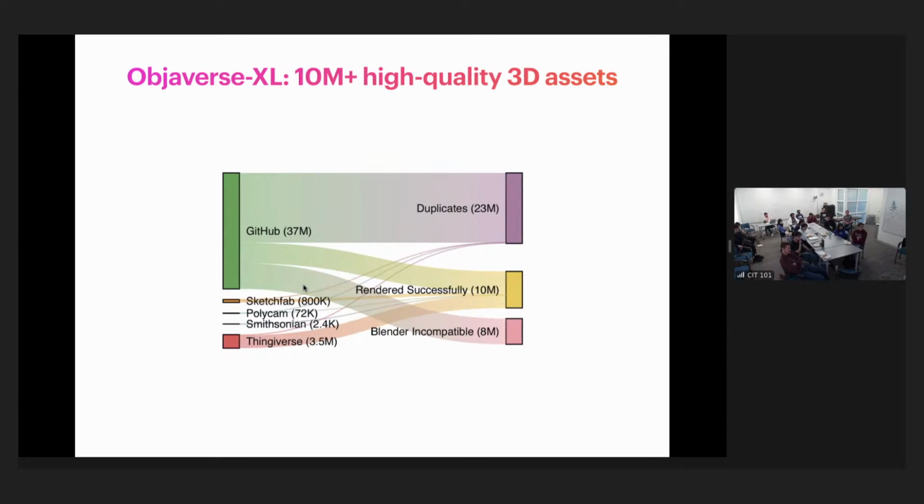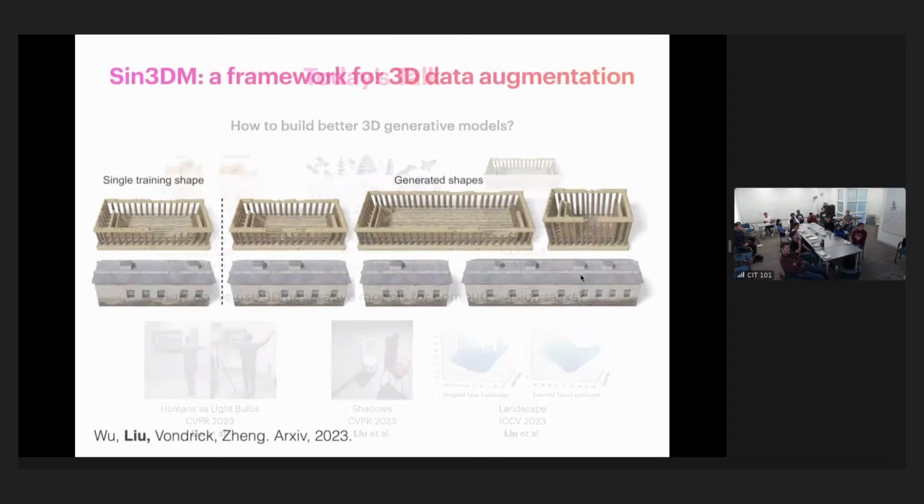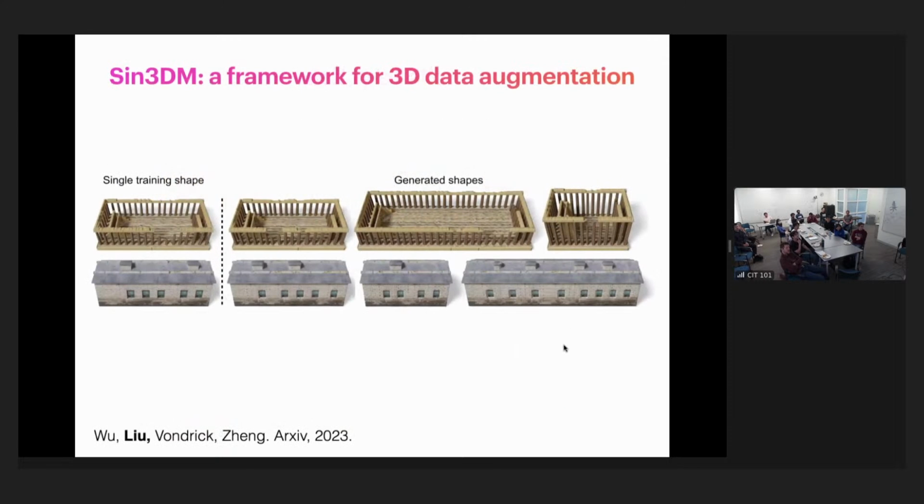We only keep less than a quarter of what we downloaded at the beginning, so there's some room for improvement, but not much more. So this is the Objaverse-XL dataset. It's very exciting. 10 years ago, ShapeNet was released, with maybe less than 100K assets. Now we scale it up to 10 million.